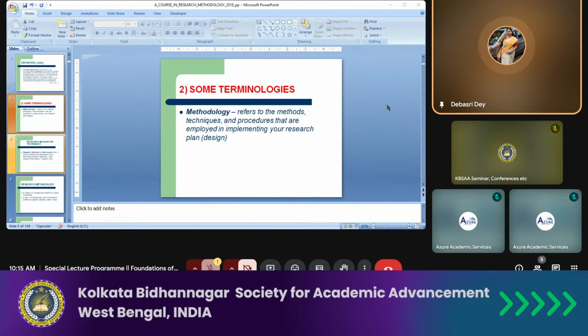Next one is applied research, especially science students are interested here, even in the math field. Problem oriented research, we all undergo these types of experiences. Problem solving type of research, and broadly all those research are categorized into two big categories.